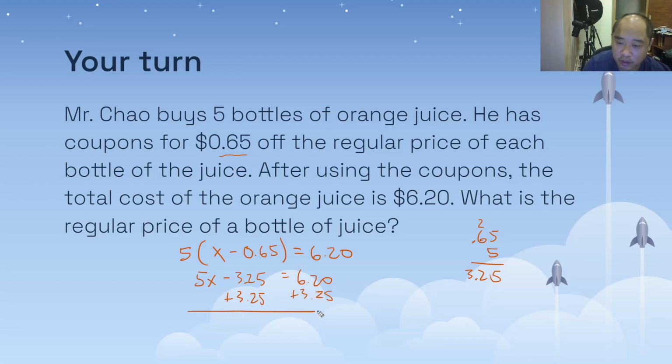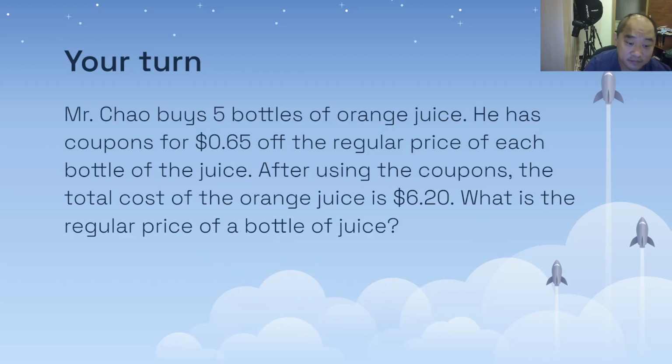Don't you guys just love watching me do math? 5x equals 9.45, divided by 5. X equals 1 point, that's 4, 4, 8, and 4, 45, 9, 189. So what is the regular price? $1.89. Yeah? Yeah. All right.